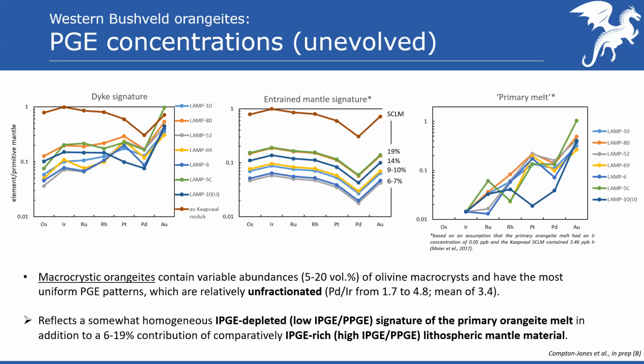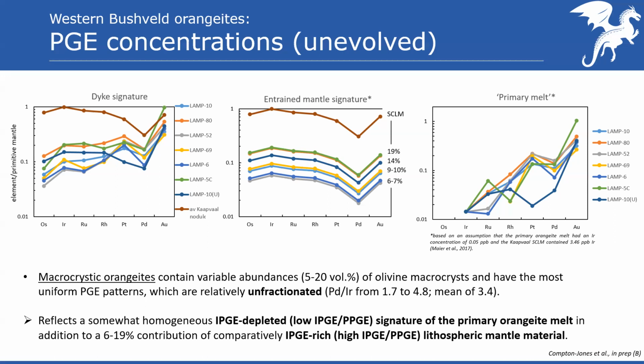And if we're assuming that any iridium in these rocks above 0.05 ppb is foreign, we can calculate that in order to achieve the PGE signature that we actually get when we measure our rocks, you'd have to entrain and disaggregate between around 6 and 19% of Kaapvaal lithospheric material.